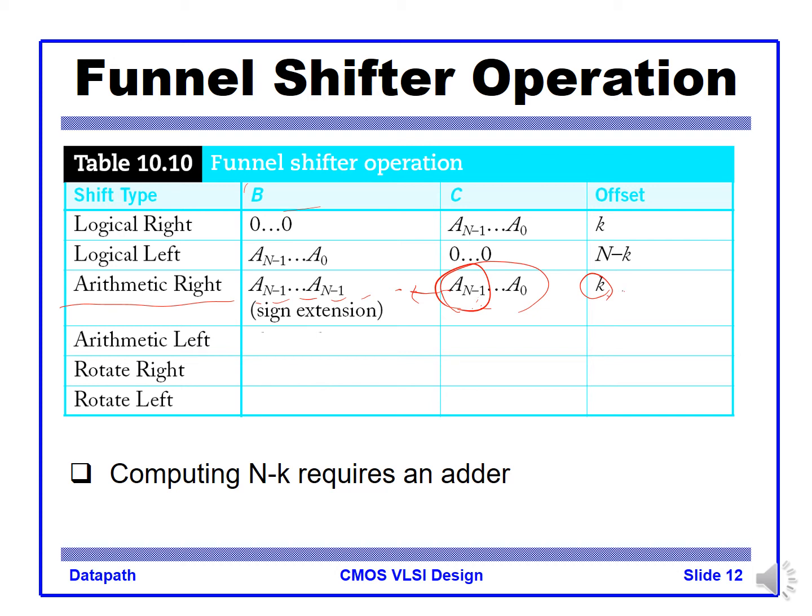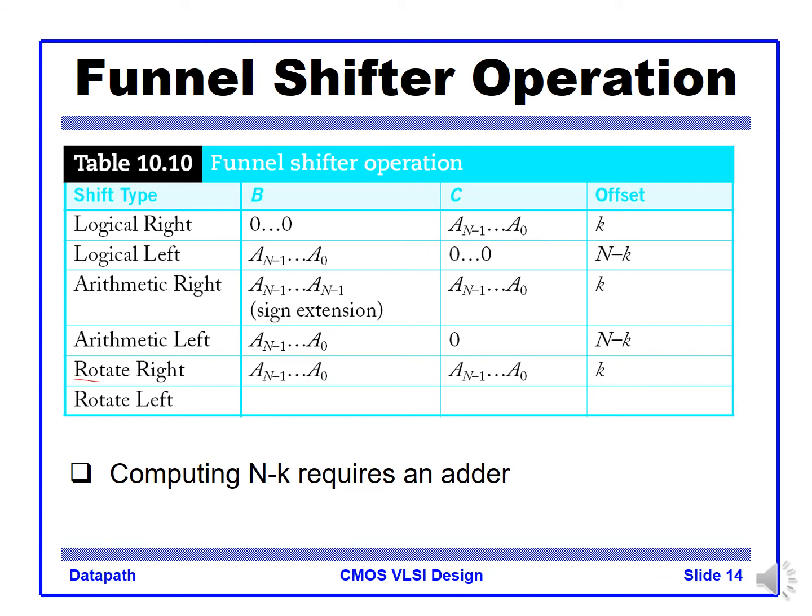If K is equal to 1, we select AN minus 1 to A1, right? For arithmetic left, B is filled with the input, and C is filled with 0, and the offset is calculated as N minus K.